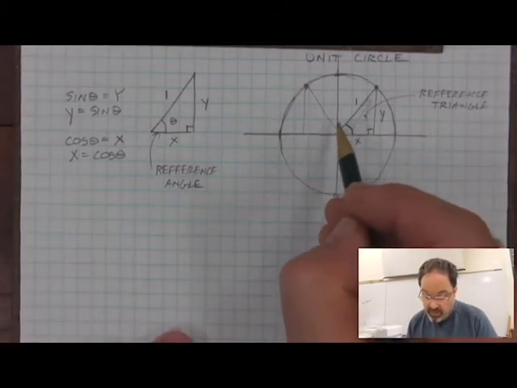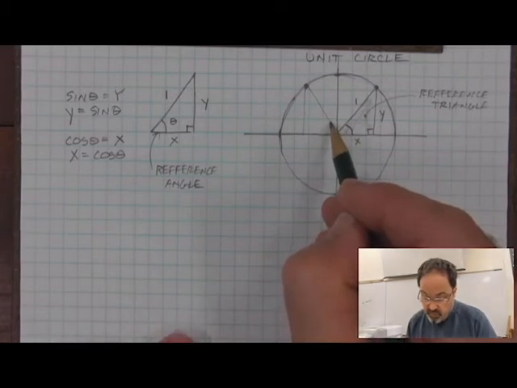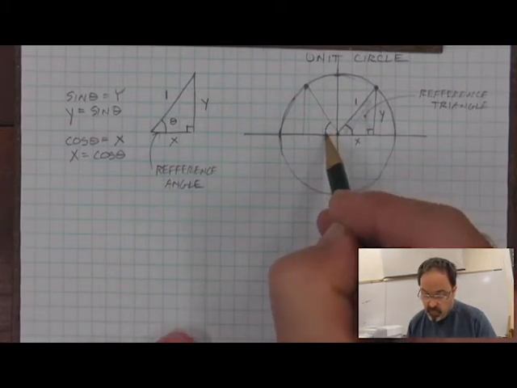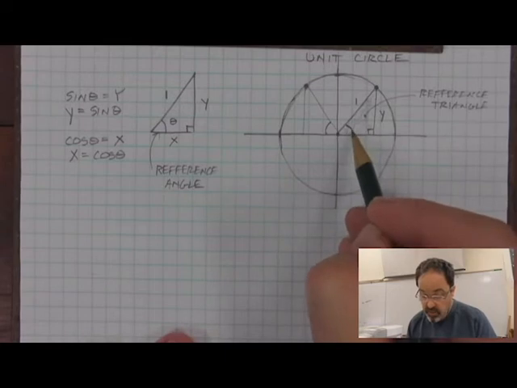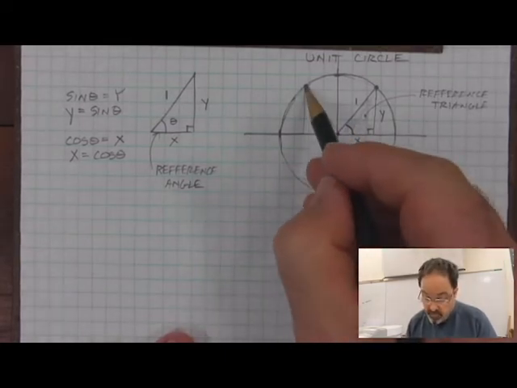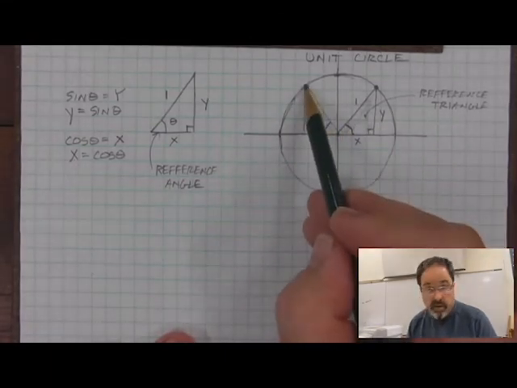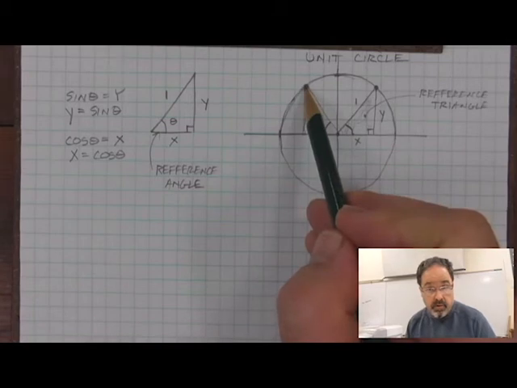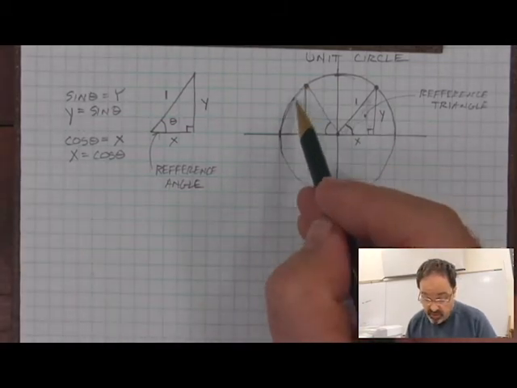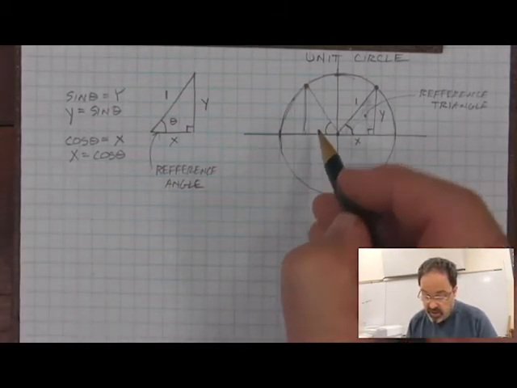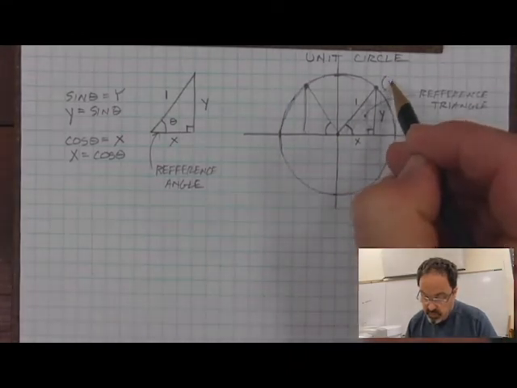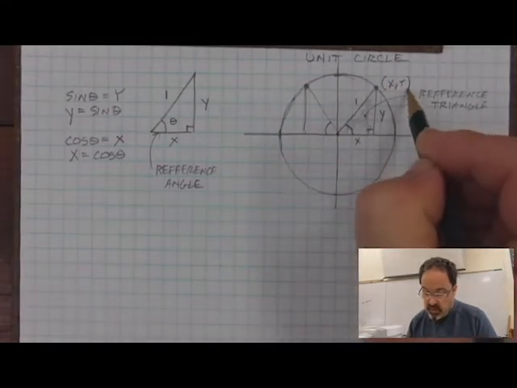The angle inside the reference triangle in the second quadrant would be the same measure as the reference triangle in the first quadrant if the coordinates of this point were the same x and y values. Except in the second quadrant, the x coordinate is going to be negative.